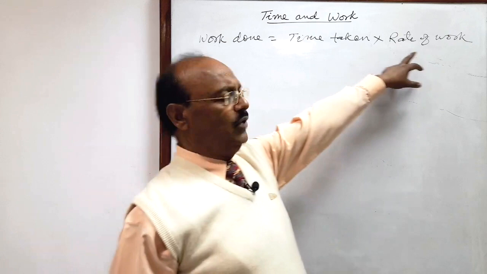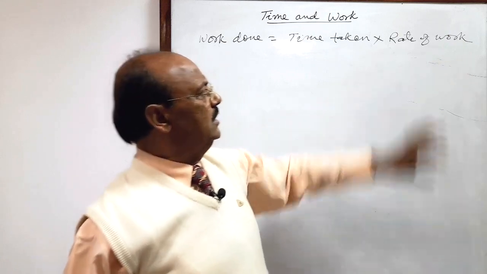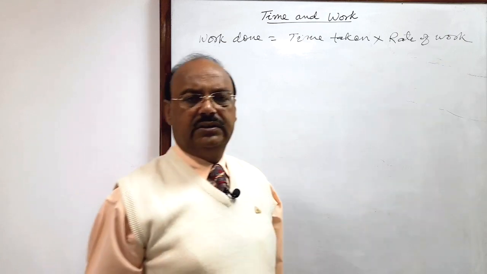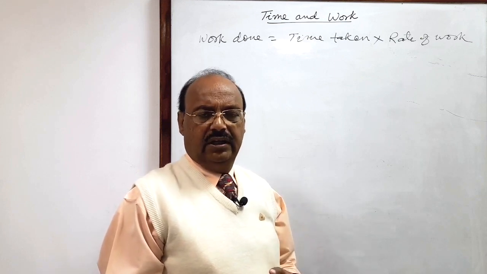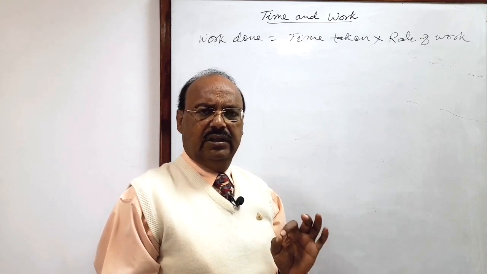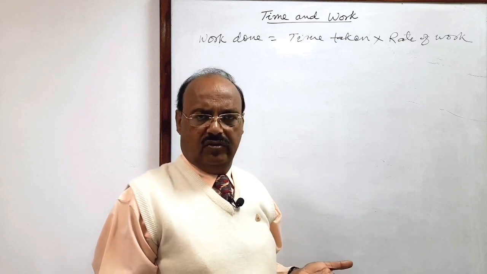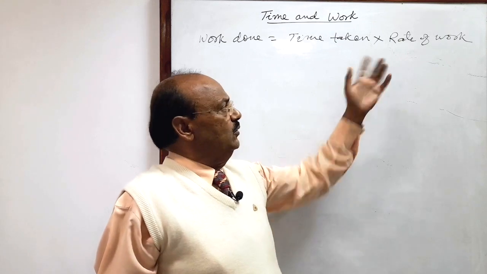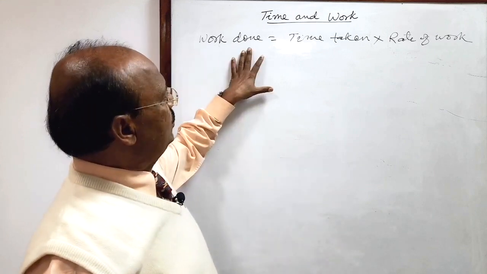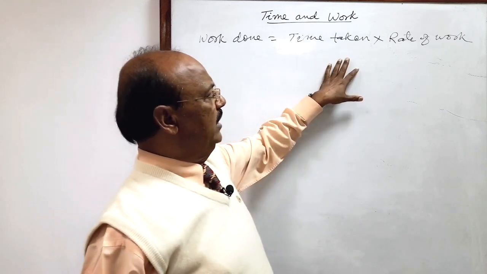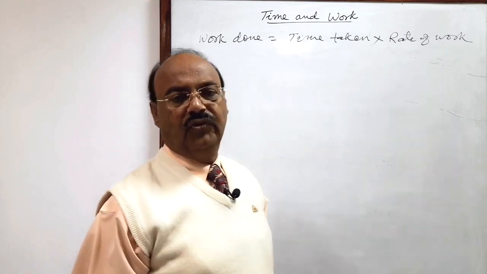Here, what is rate of work? Rate of work is the amount of work done in 1 hour or in 1 day, I mean in a unit of time. The amount of work done in a unit of time is known as rate of work. So we have to remember this formula always: work done is equal to time taken into rate of work.